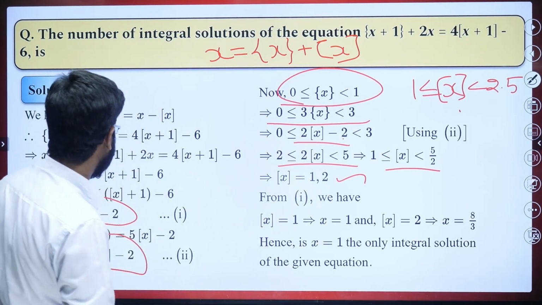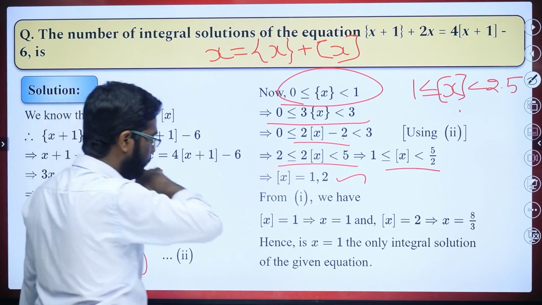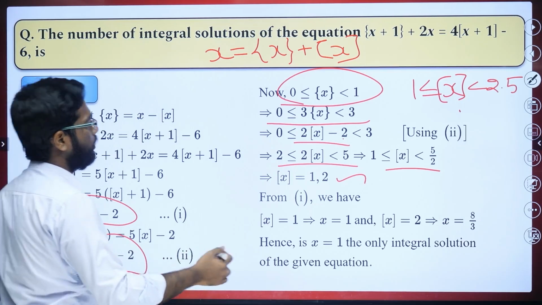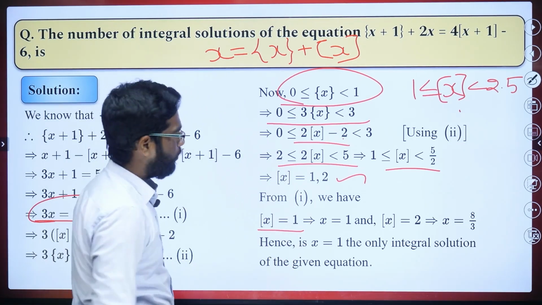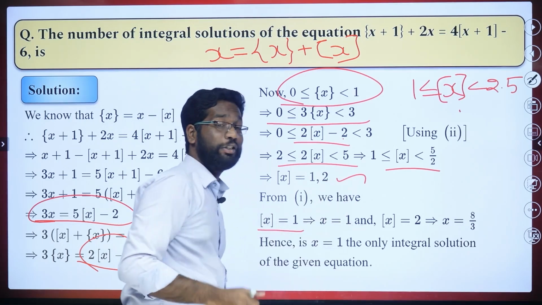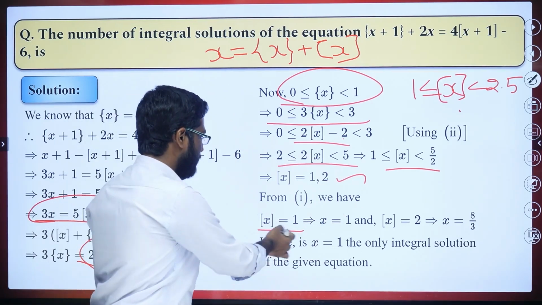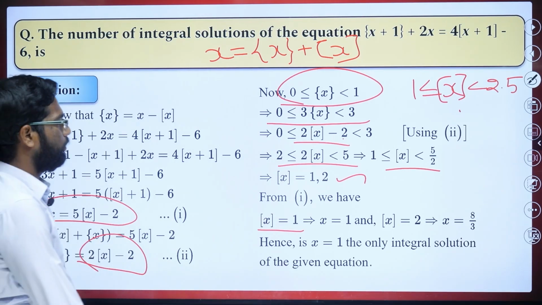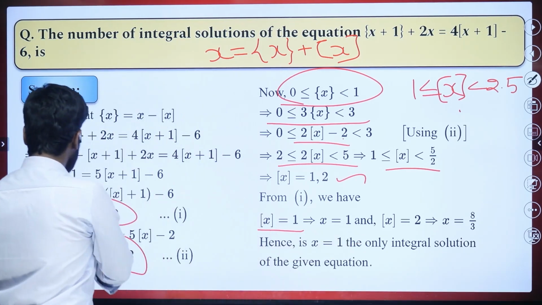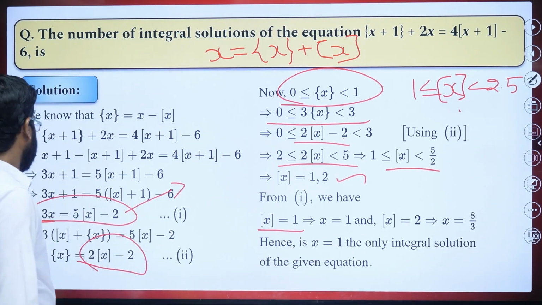So from equation 1 we have the value 1. As I said before, though there are 2 values, if you apply greatest integer of x equals 1 in equation number 1, you will get x equals 1. You see here we have to apply 1.